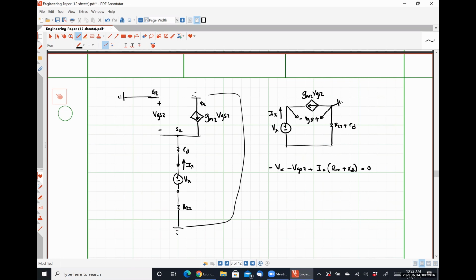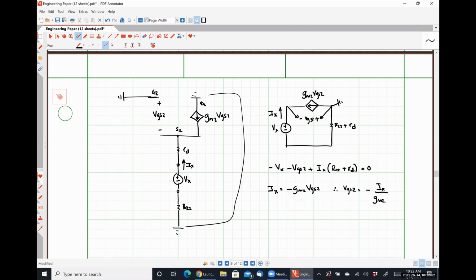Same but opposite direction, right? So I can say that Ix is equal to negative gm2 VGS2, which implies that VGS2 is just negative Ix over gm2, right?